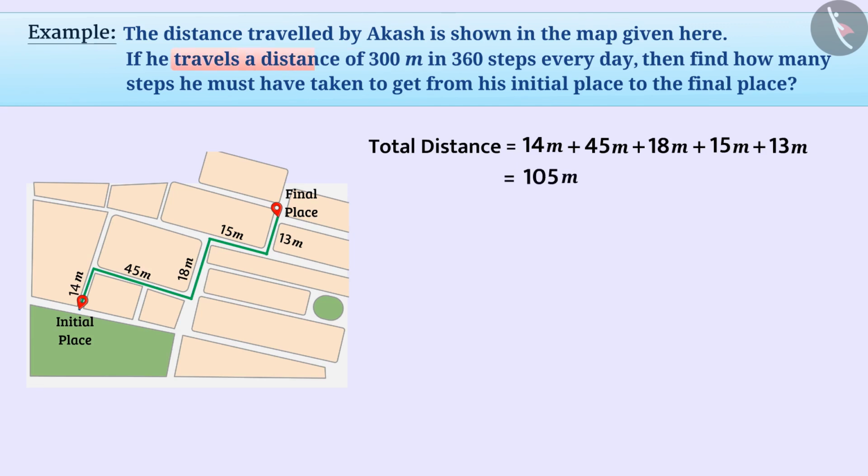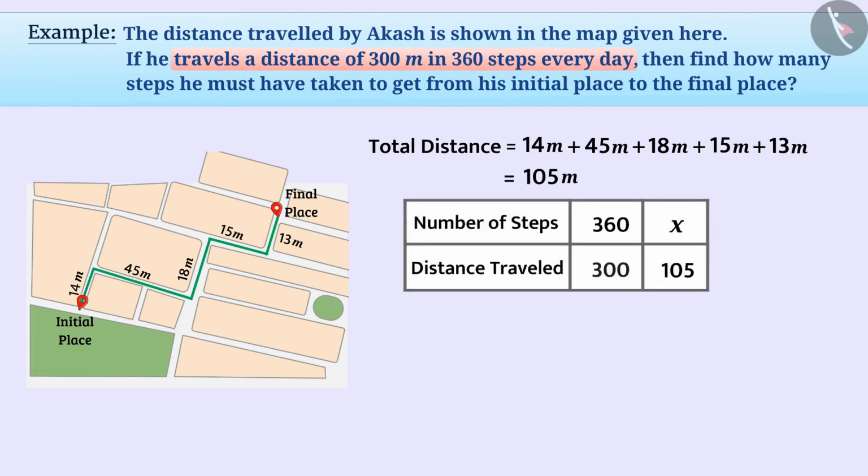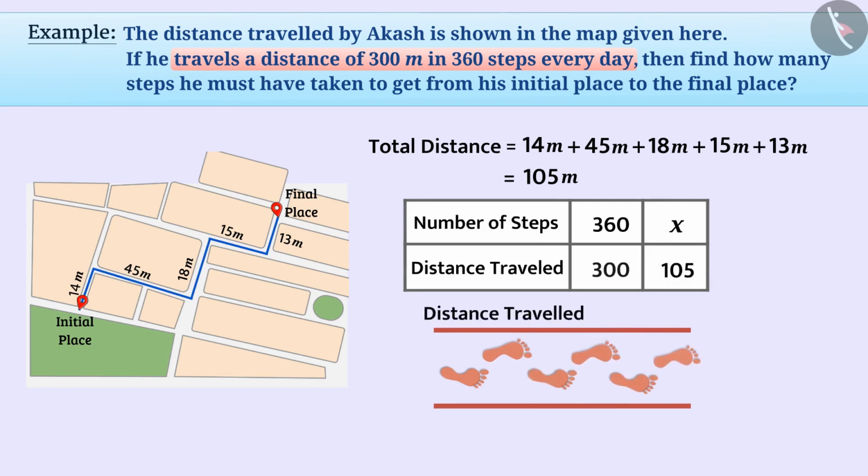We can show the given situation like this, where x represents the number of steps required to cover 105 meter. We know that the ratio with which the distance travelled increases, the number of steps also increases in the same ratio.